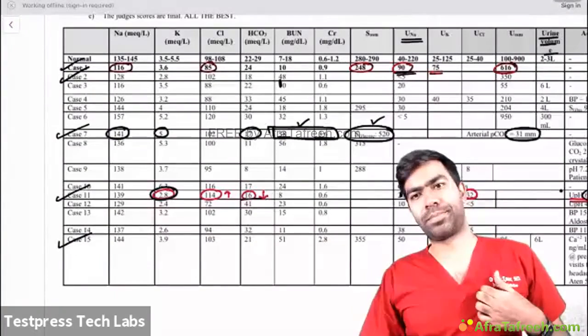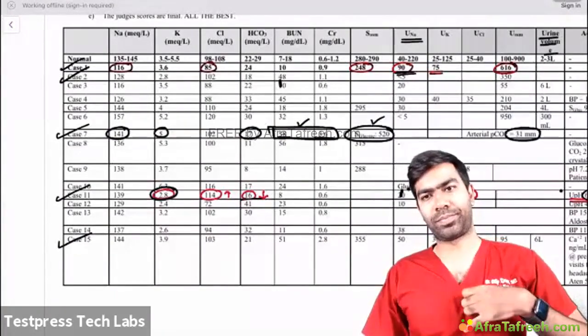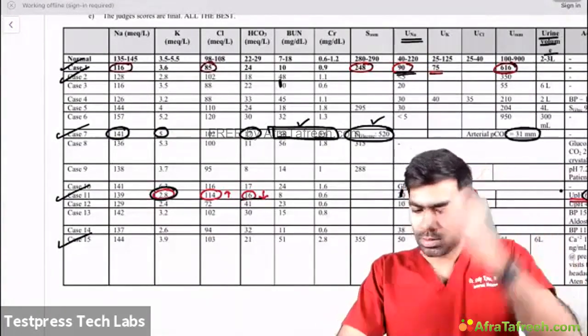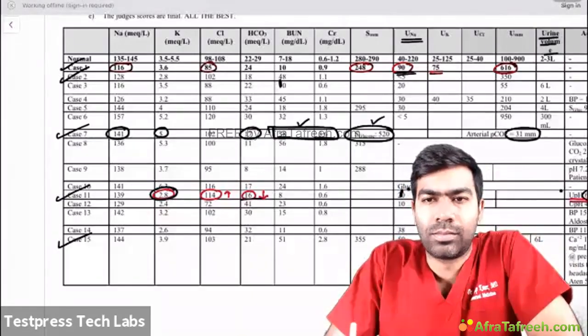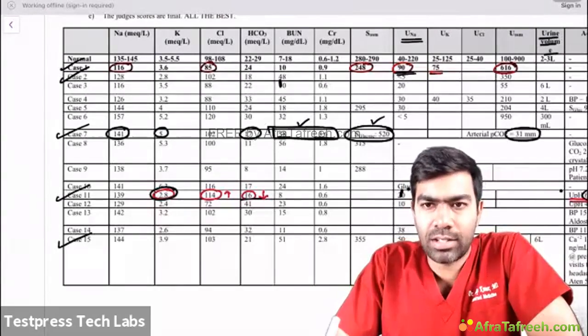Any other case here which you cannot solve? No, I think every single other case you can solve easily. I don't think there will be any problem at all.